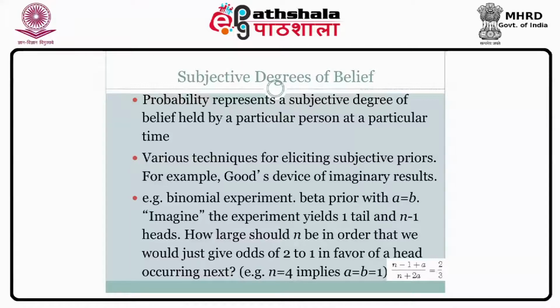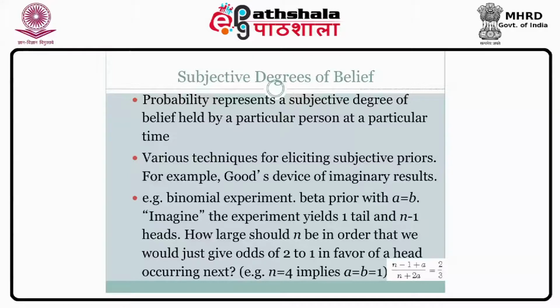It means the chance is 50-50. When you take the beta prior with A equal to B, the mean comes out to be A over A plus B, so the chance is half. So it's a sort of rational, impartial prior, though it is subjective.